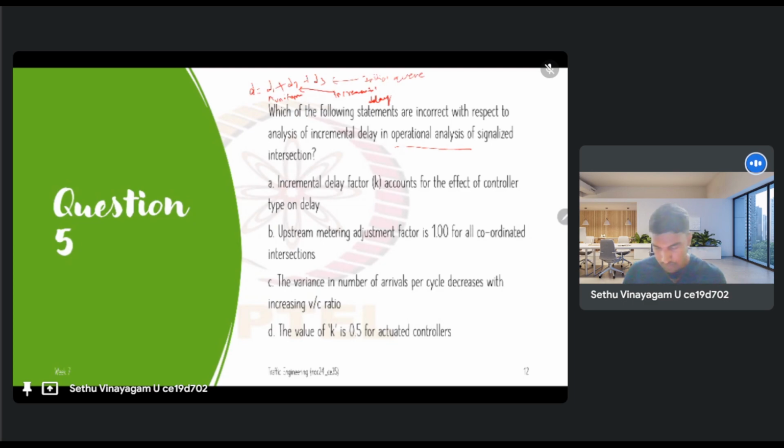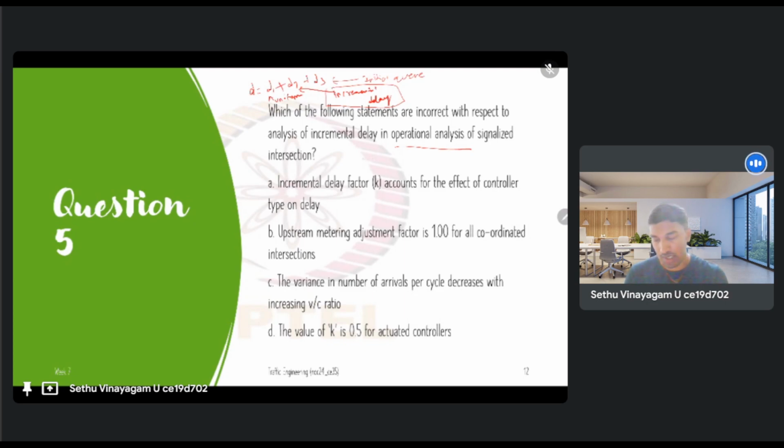Okay. So now we are looking at the second term, which is the incremental delay. So the incremental delay has two adjustment factors as given here. One is the incremental delay factor, another is the upstream metering adjustment factor. Okay.